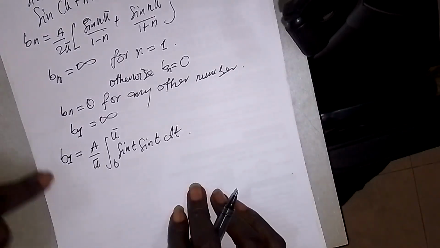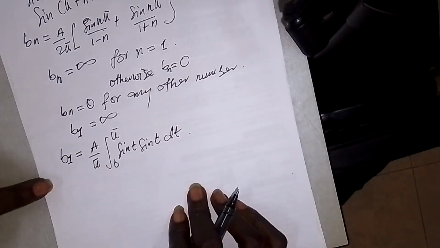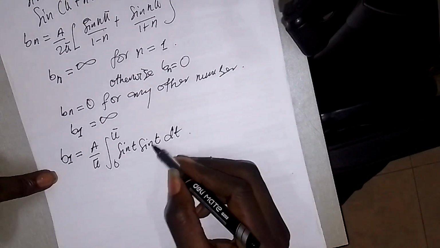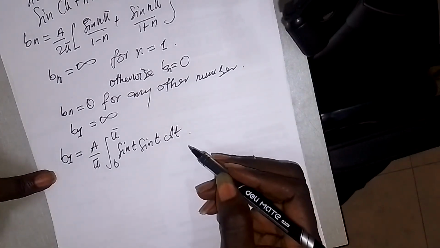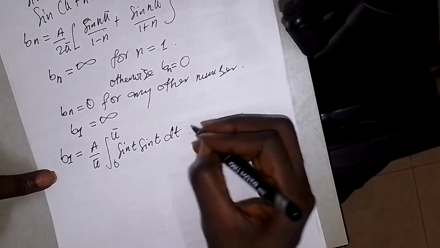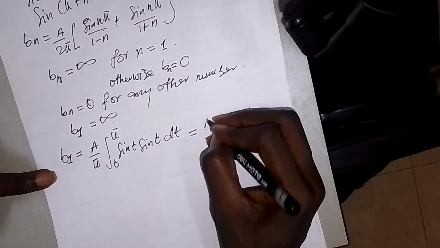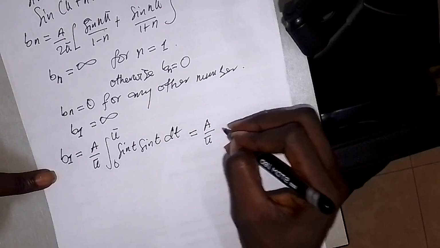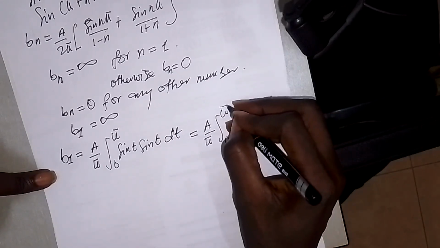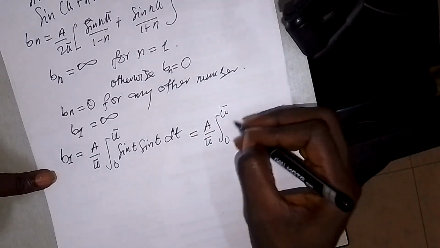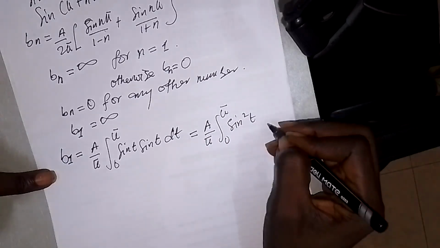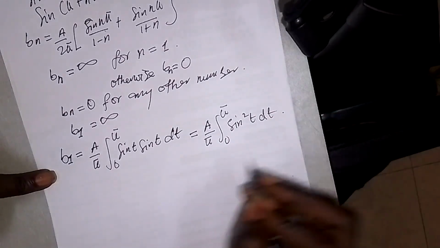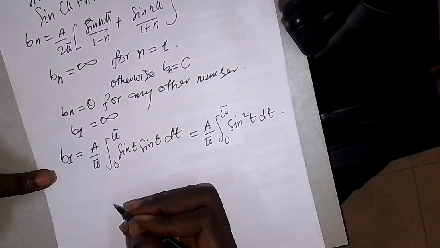This is the equation that I'll have for only B1. It should have been sine nt, but n is 1, so sine t. So now it is equal to A over pi into the integral from 0 to pi of sine squared t dt.